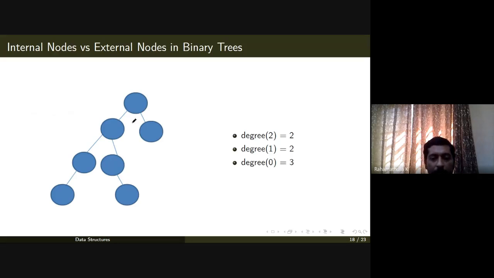For example, in this binary tree, this node has degree 2, this node also has degree 2. So the number of nodes with degree 2 is 2.